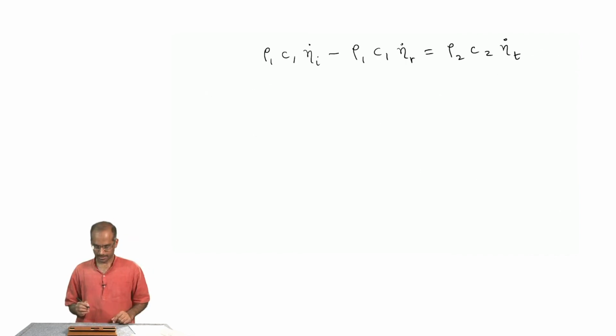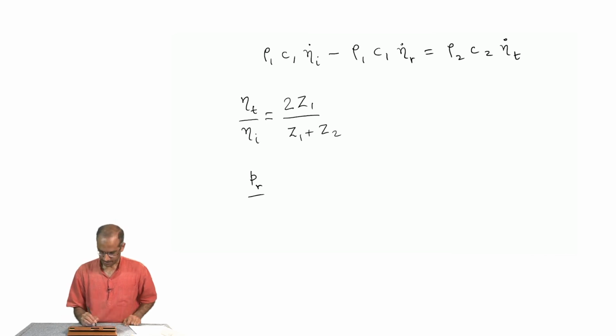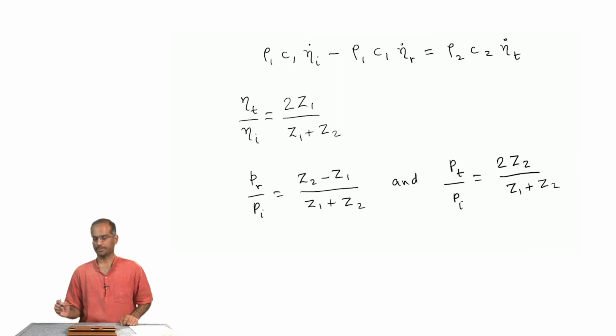I will leave it as an exercise for you to do that. So, eta t by eta I should finally turn out to be 2 Z1 by Z1 plus Z2. P r by P I will be Z2 minus Z1 by Z1 plus Z2, and you can also calculate P t by P I, which will be 2 Z2 by Z1 plus Z2.